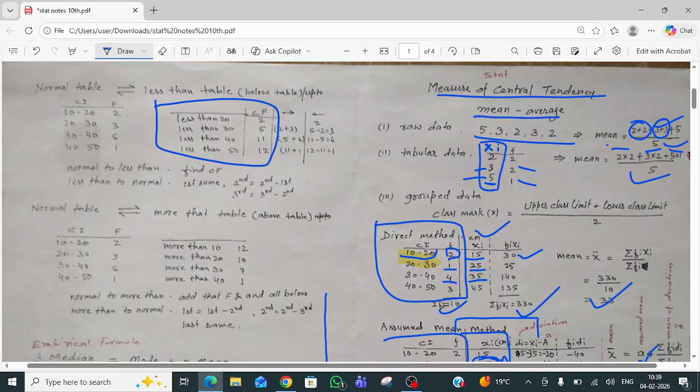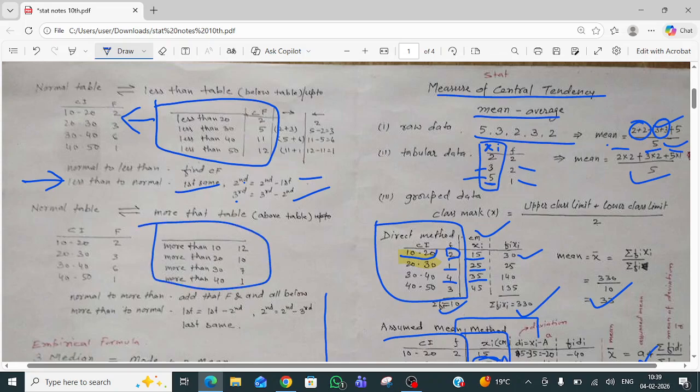So for that you need to convert the table like this. You have to practice this and have fluency. Less than table to normal table is our main learning. The first will be the same, the second will be second minus first, the third will be third minus second. Same thing for this also.